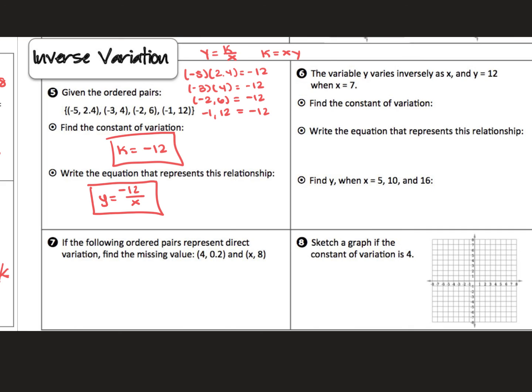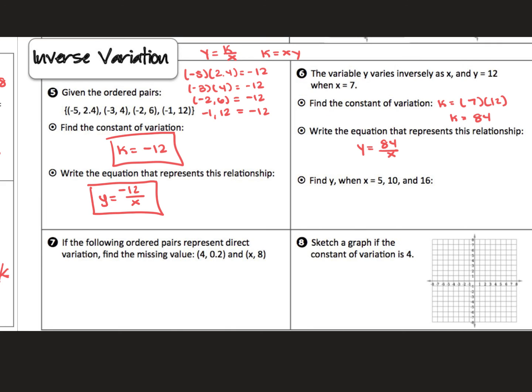For number 6, it says the variable y varies inversely as x, y equals 12 when x equals 7. We're going to find the constant of variation. Remember, we multiply our x and y. So we have 7 times 12, which gives us a constant k of 84. Writing that equation, we have y equals 84 over x.